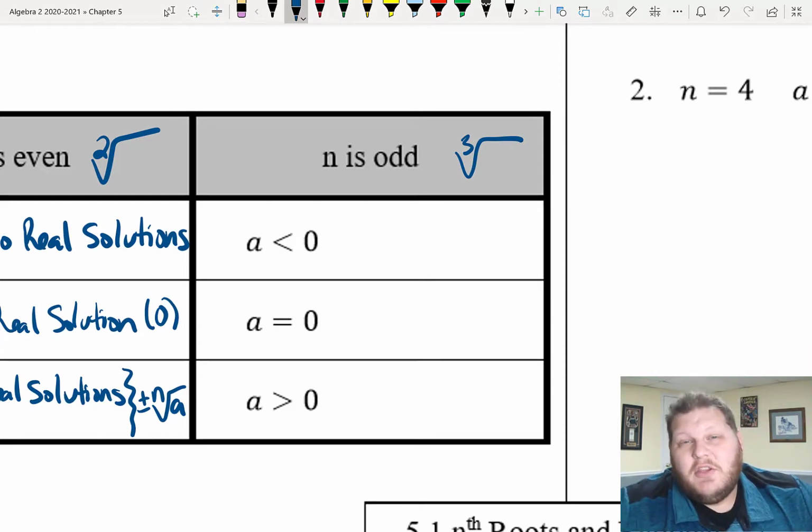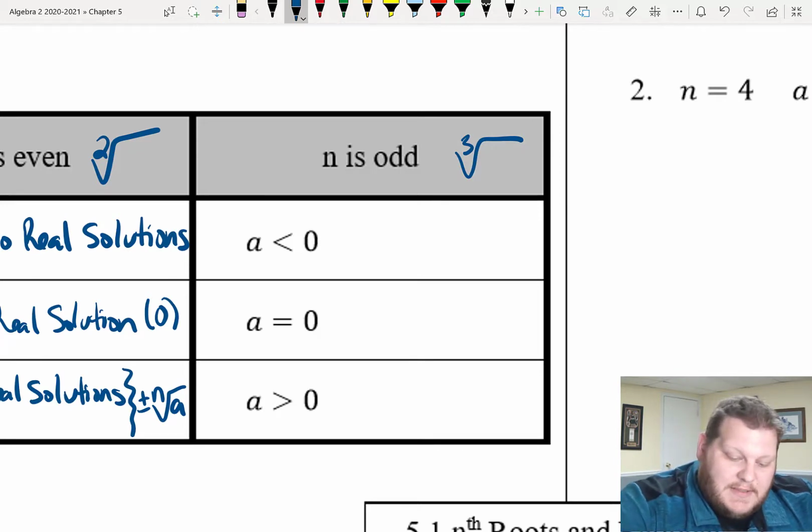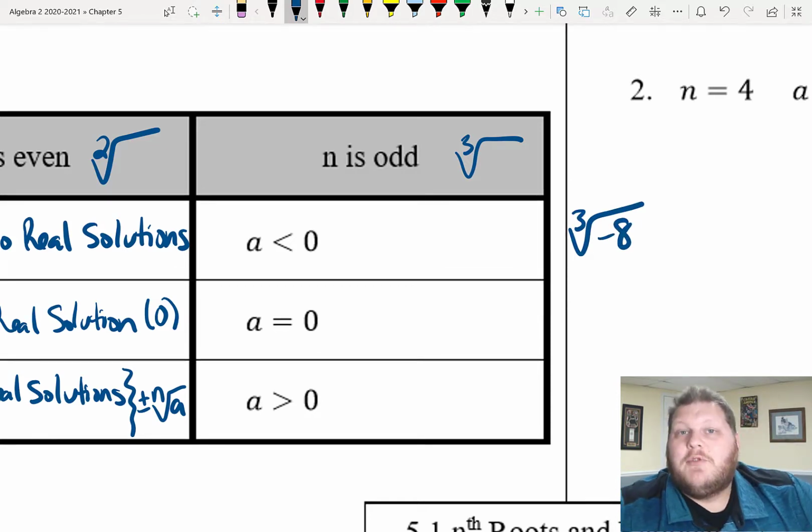So if I'm taking the cube root of something that is negative, such as the cube root of -8, I'm trying to figure out what times itself 3 times is -8.